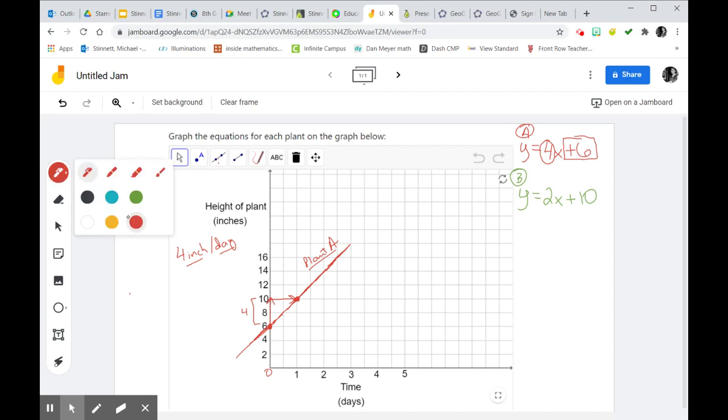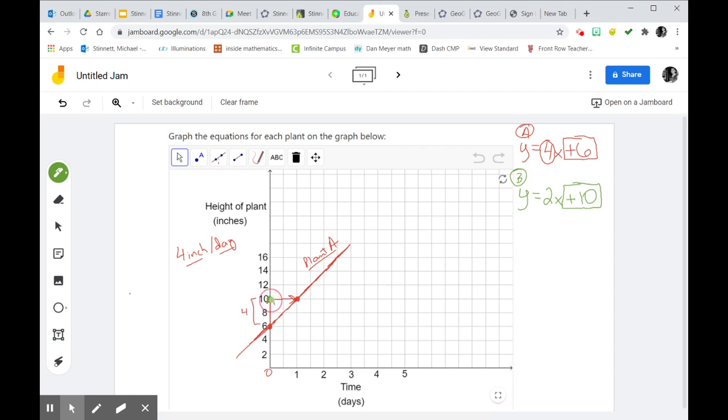Then for plant B, and again, you could do this with any equation, I'm really showing you how to graph a line and how to graph two lines on one coordinate grid. So now I'm going to graph the second line, and I'll put this in green. Again, what's our starting amount? Where are we going to start? Right here. We're going to start at 10. This is our y-intercept, our starting amount. So we go up to 10 and put our point there.